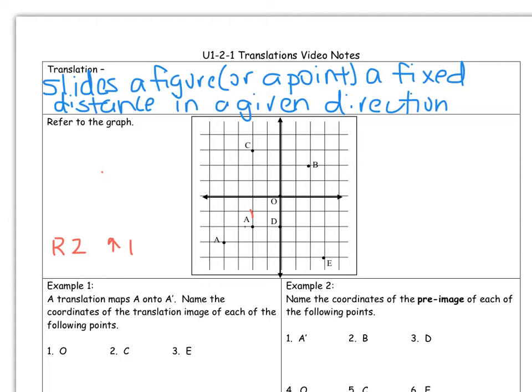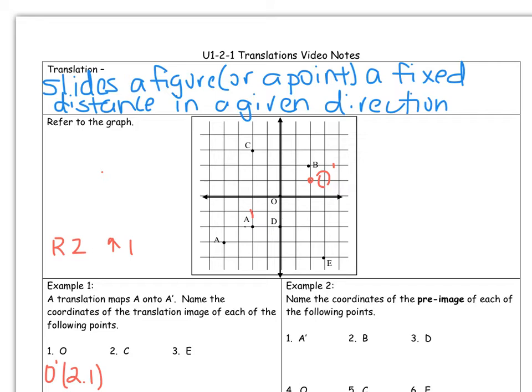The prime mark tells us that that is the translated image. I'm going to go ahead and mark that. 2, 1 is right here, and that would be O prime.